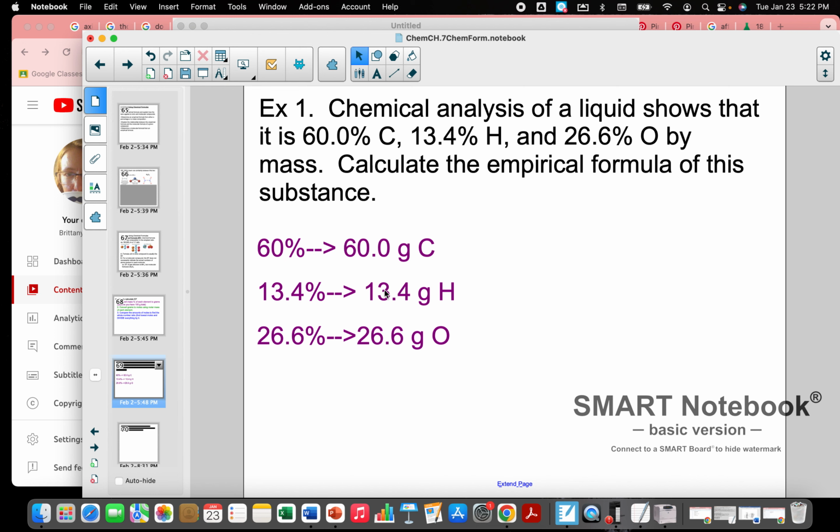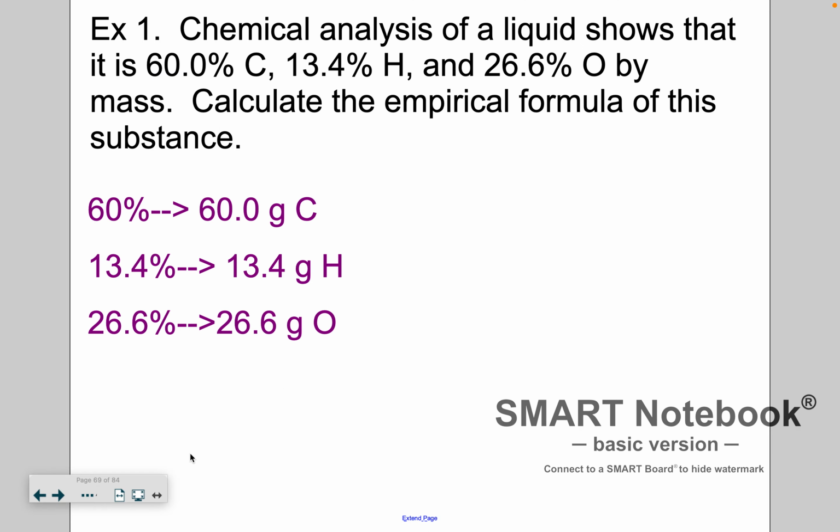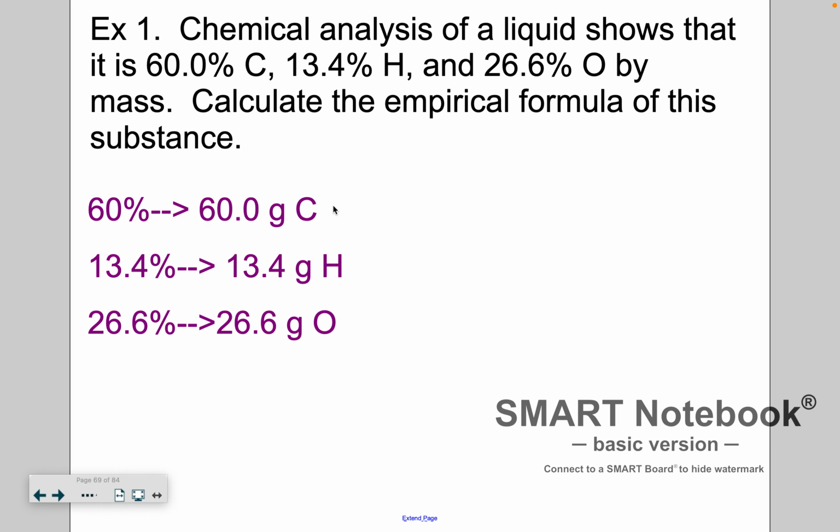Step 2: you're going to convert it to moles. I'm going to get a green pen. When you do this, set up your conversion to go into moles of carbon. The molar mass of carbon is 12.01.